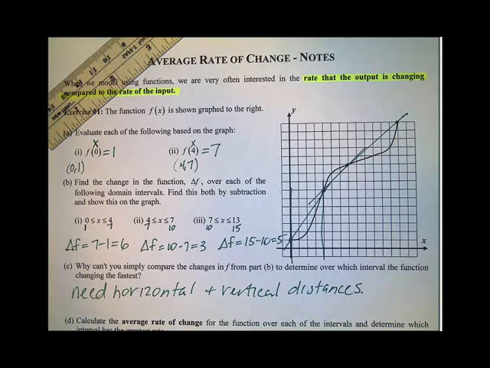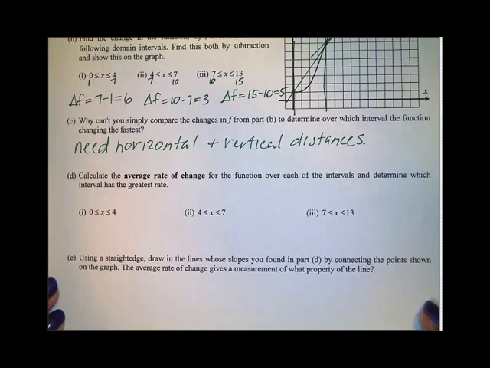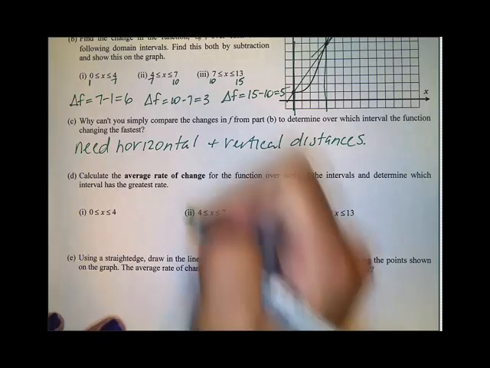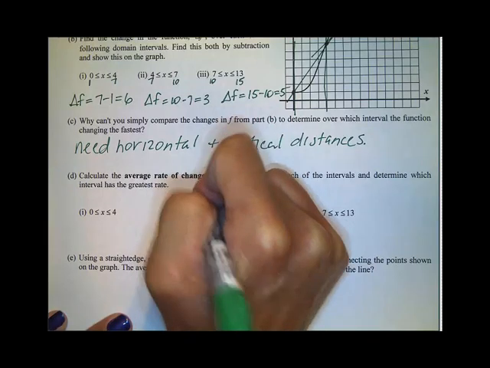So now we're going to calculate the average rate of change for a function over each of the intervals and determine which interval has the greatest change. To find the average rate of change, we need the horizontal and the vertical. So the average rate of change is the change in y over the change in x.